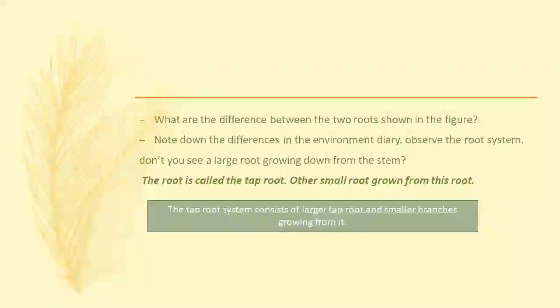Observe the root system. Don't you see a large root growing down from the stem? Yes, the root is called taproot. Other small roots grow from this root. The taproot system consists of a larger taproot and smaller branches growing from it.